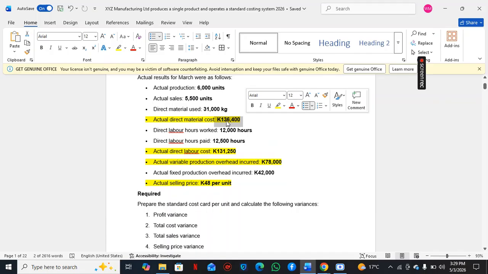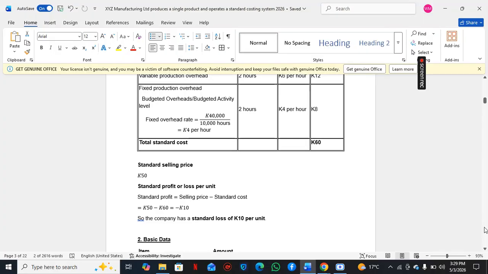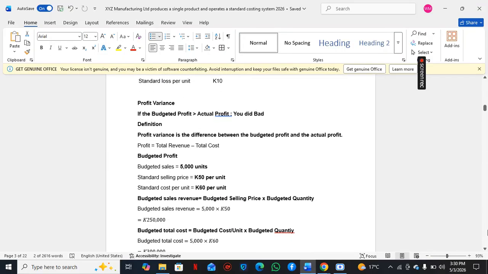This was how much we paid for direct materials. According to our budget, we were supposed to pay 120,000, but in actuality, we paid 136,400. So we can see our actual is greater than the standard, meaning we spent more.